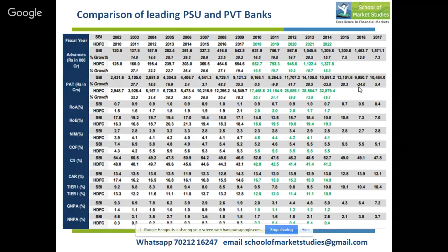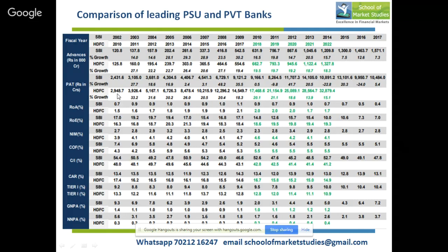So, what we have done is, on the various measures of comparison, metrics of analysis, financial analysis, we are comparing both the banks, HDFC and SBI, with their base shares given here on top.